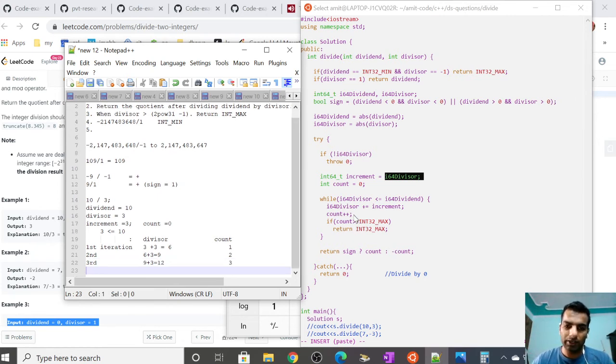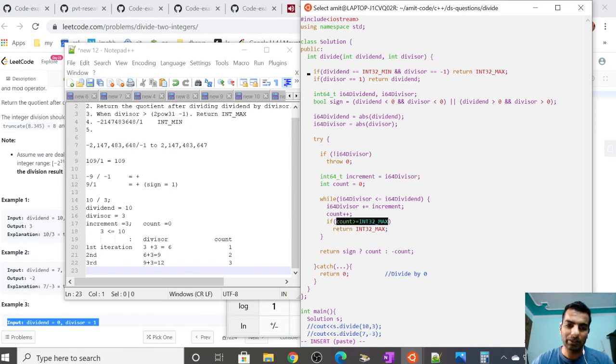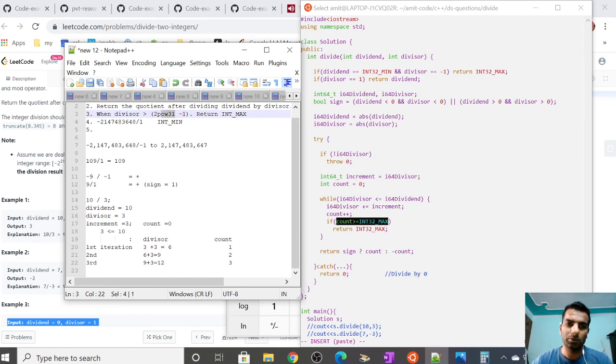So this count 3 is returned. I've also checked if the count is greater than integer max, that is 2 raised to power 31 minus 1.